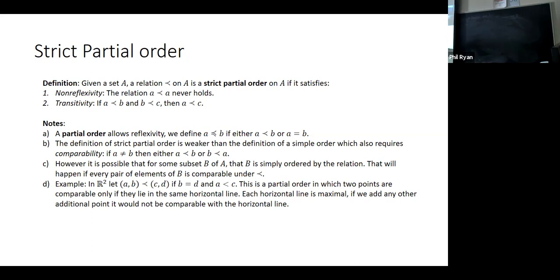And these horizontal lines are maximal. Right, so if you added, so here we go, here is our horizontal line. Every element in that line is comparable to another, and if we were to add another point to this subset, then it would no longer be a simple order because we couldn't compare this point to any.